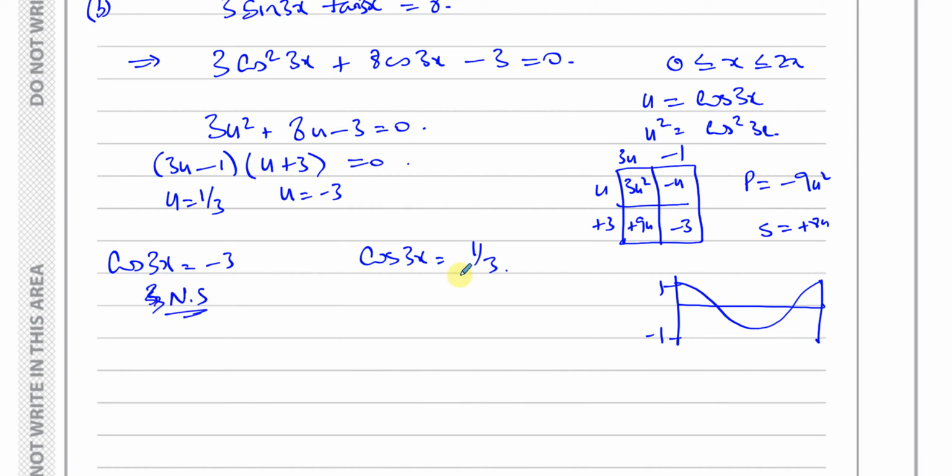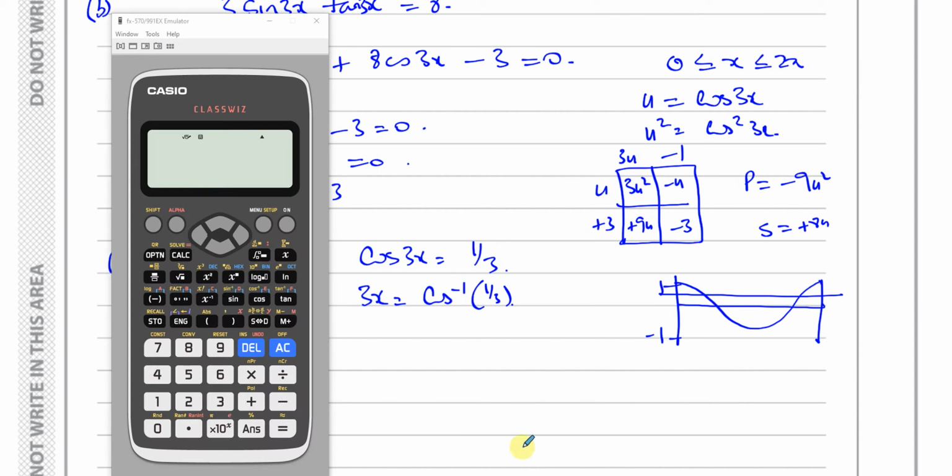As for cosine 3x equals 1/3, of course, we're going to have some solutions. Now we can say 3x equals inverse cosine of 1/3. That will give us our first solution, which is called the principal solution.